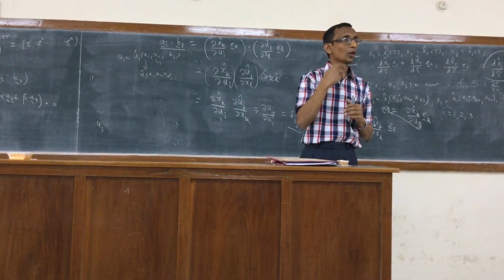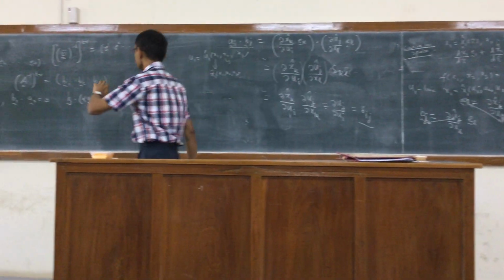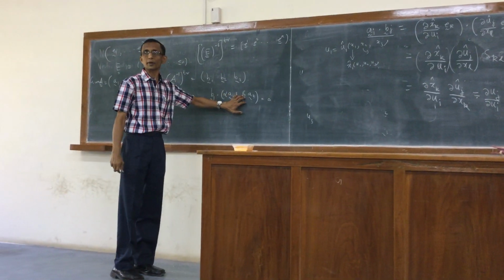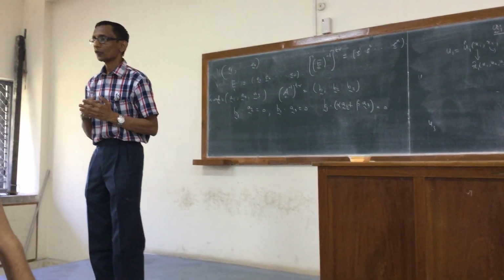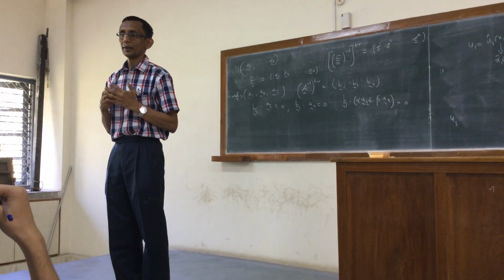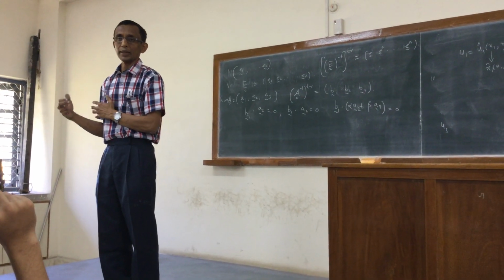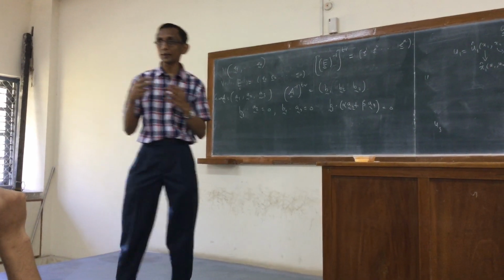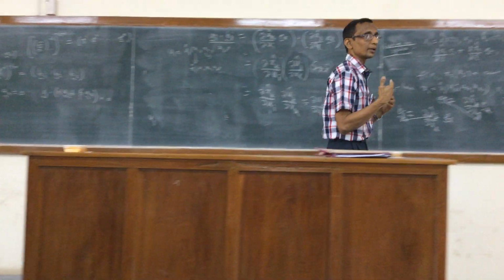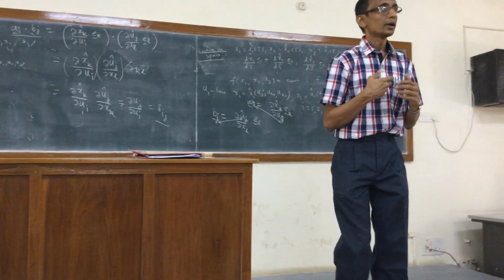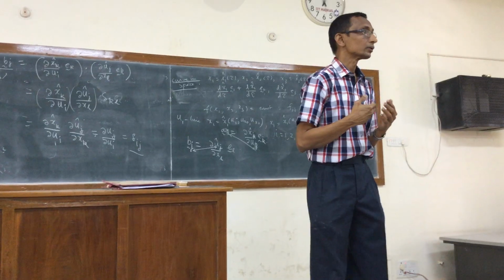So now, what this means is that B1 is orthogonal to the plane formed by the vectors A2 and A3.